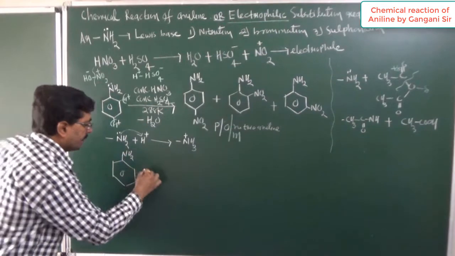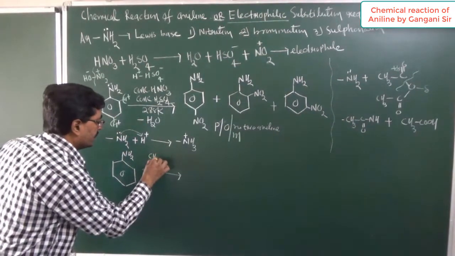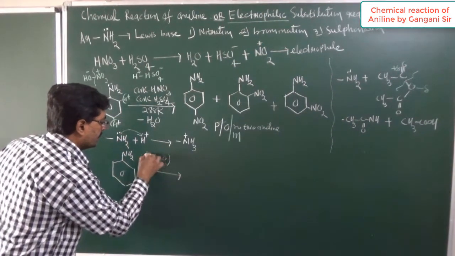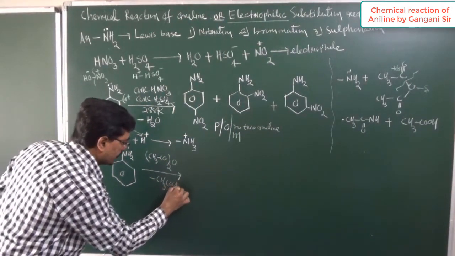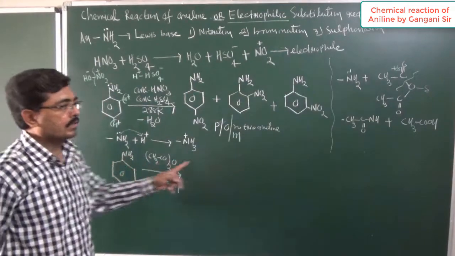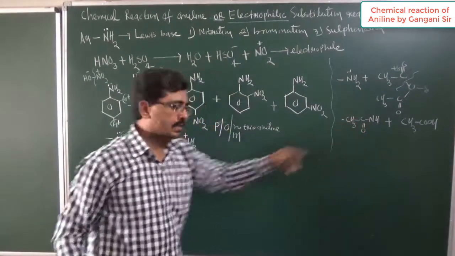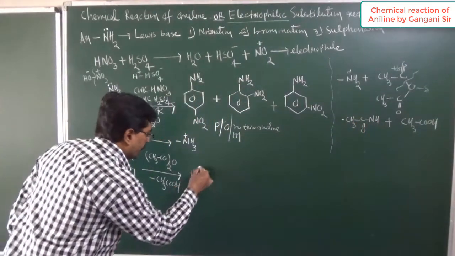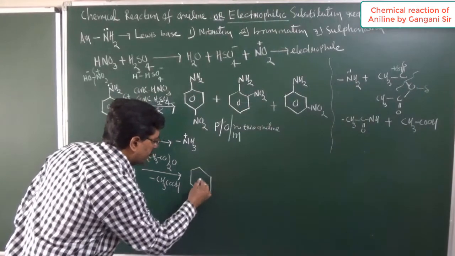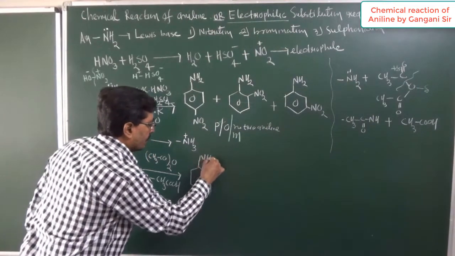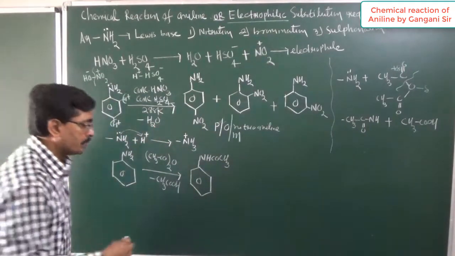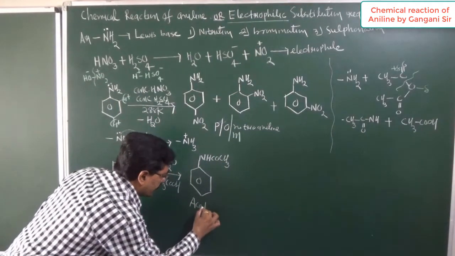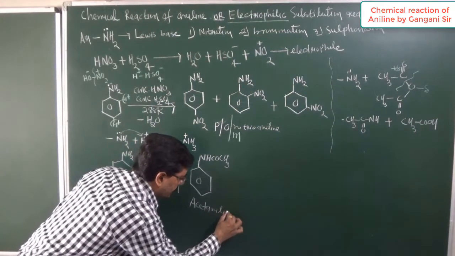Then first aniline is allowed to react with acetic anhydride, and the byproduct will be acetic acid. Now NH2 will convert into NHCOCH3, on the benzene ring. Then what is the name of this structure? You know already. This is known as acetanilide.